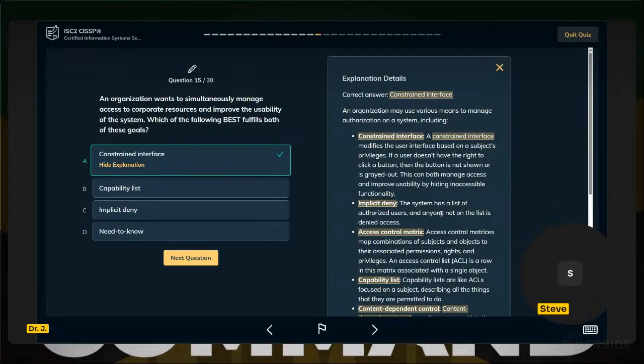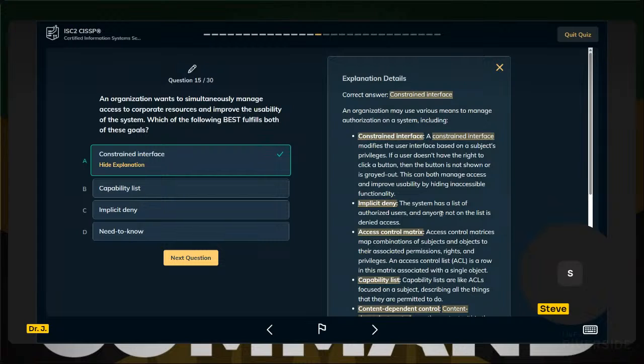Constrained interface modifies the user interface based on the subject's privileges. In layman's terms, take Discord: when someone joins a server and gets onboarding questions, depending on how you answer, you'll see certain things the server offers.